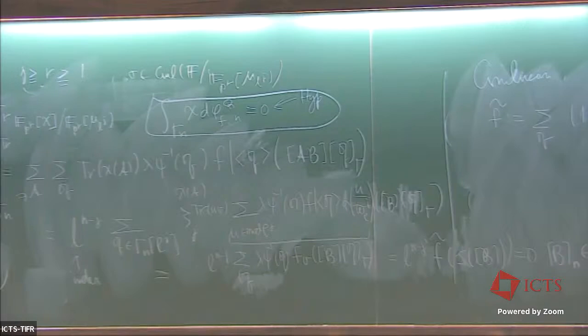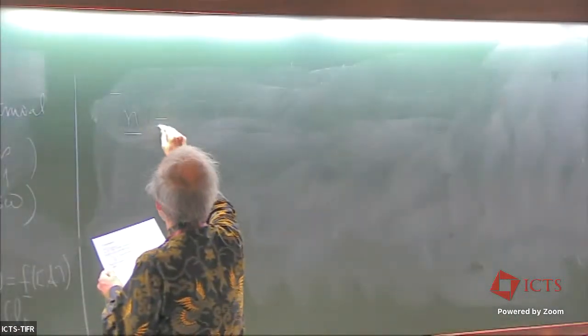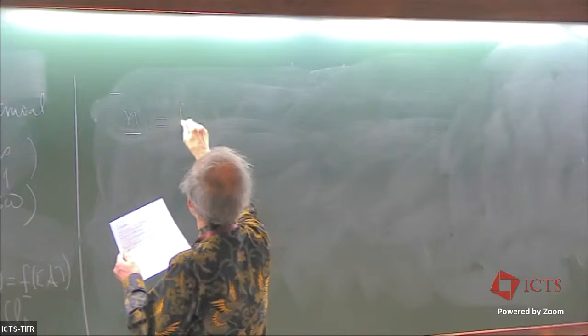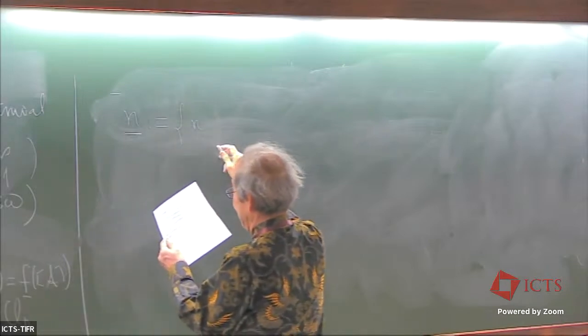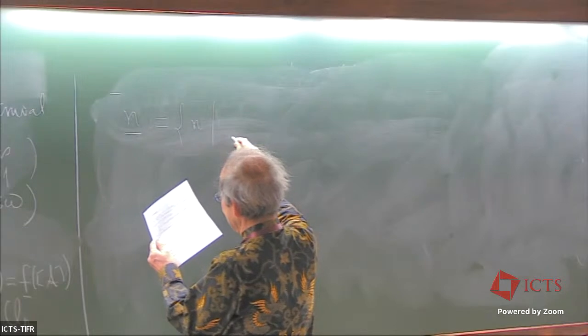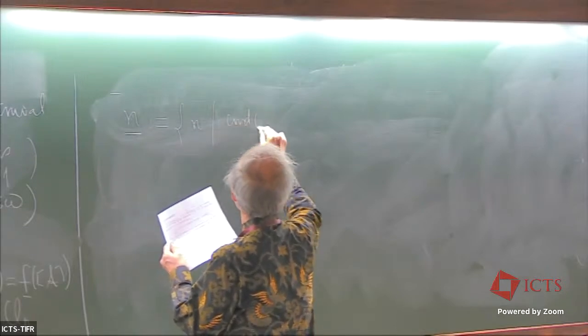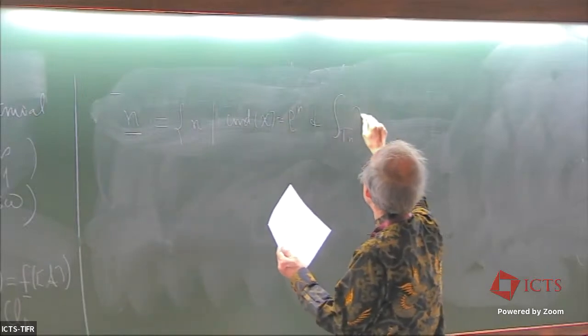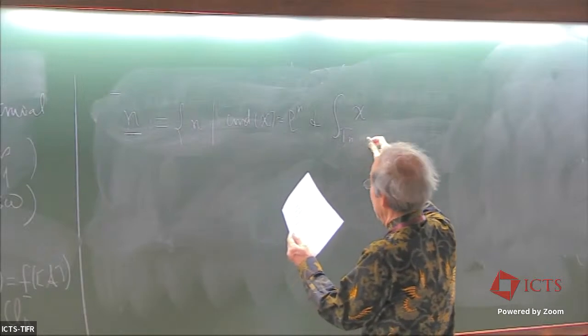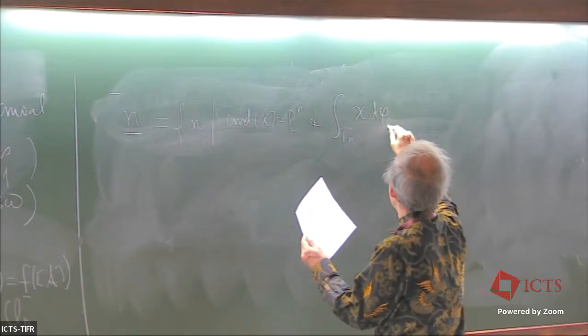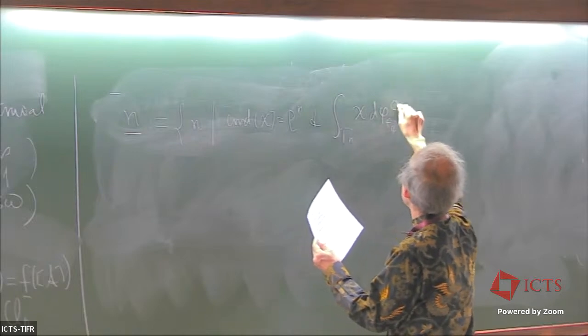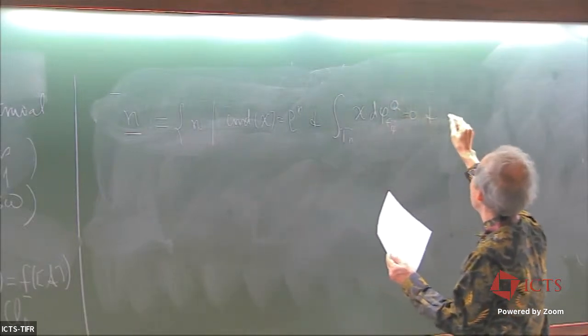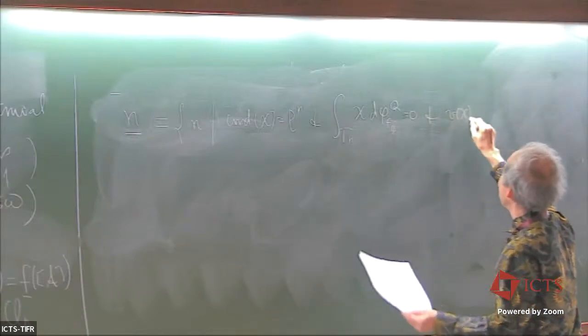The punchline is that I just define an underline n to be those n such that the conductor of chi is L to the n and the integration over gamma n of chi d phi f psi q is 0, and v chi is given v.